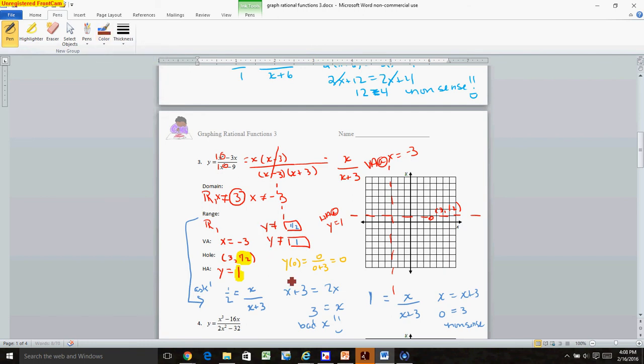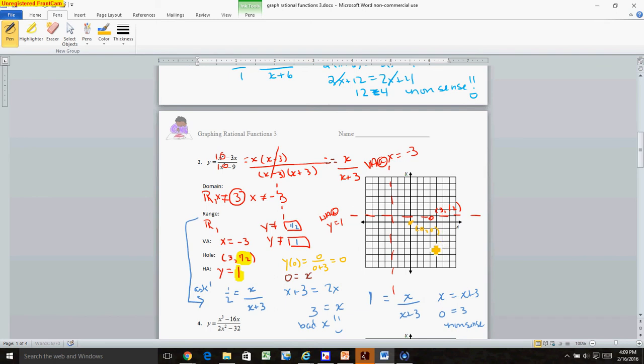X-intercept, what does make 0 equal to just the numerator, right? I remember when you're looking for a fraction to be equal to 0, all you care about is the numerator. So when x is 0, y is 0, which means my x and y intercept is at the origin.